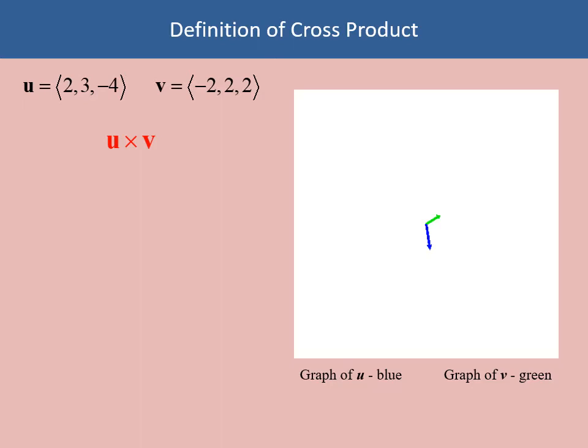To do u cross v, using the right hand rule, you point the fingers of your right hand along the blue vector, with your fingers curling towards the green vector. Then your thumb points in the direction of the cross product. For these two vectors, here would be u cross v, and here would be v cross u.